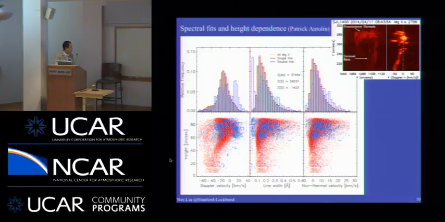We see a very broad distribution versus height, but the clear trend in the non-thermal velocity is that it is very broad at the top portion but lower in the lower portion, where the coronal rain is. Looking at the Doppler velocity, it's clear that they have lower velocity at the top and higher velocity at the lower portion, because the coronal rain is accelerating as it travels.